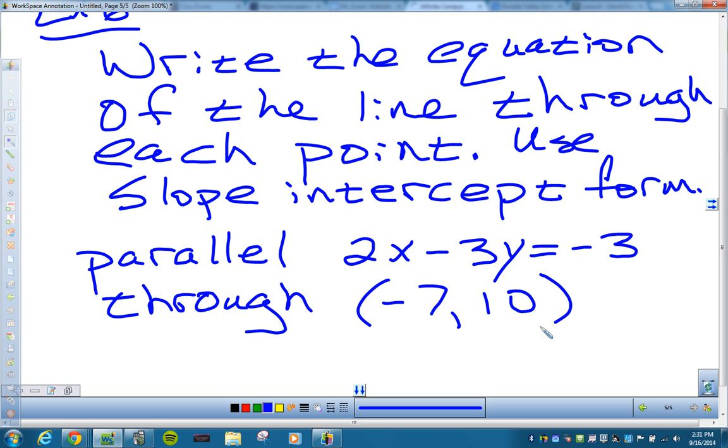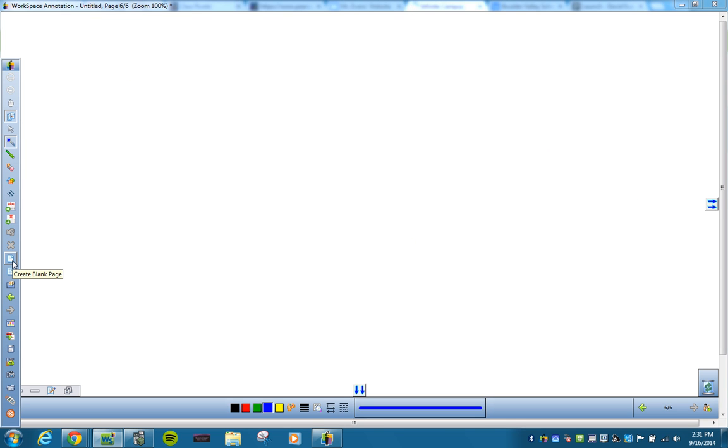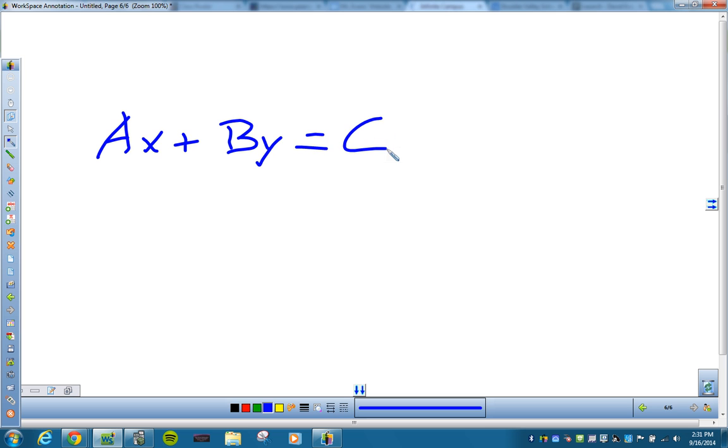So we're going to write some steps for these problems because sometimes it messes with your head. But first thing, I'm going to teach you one other thing for the second time. What's standard form? Who remembers? Good. Ax plus By equals C. This is standard form for a linear equation. So we're going to put this into slope-intercept.